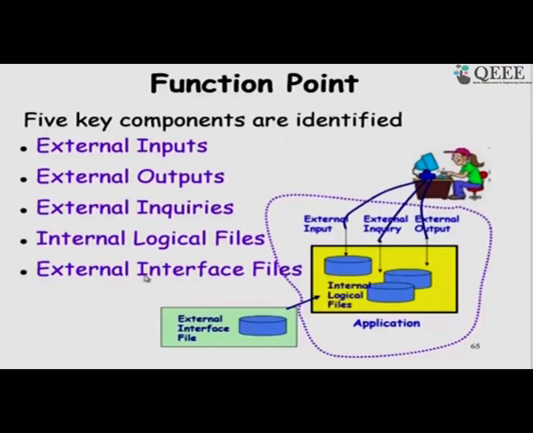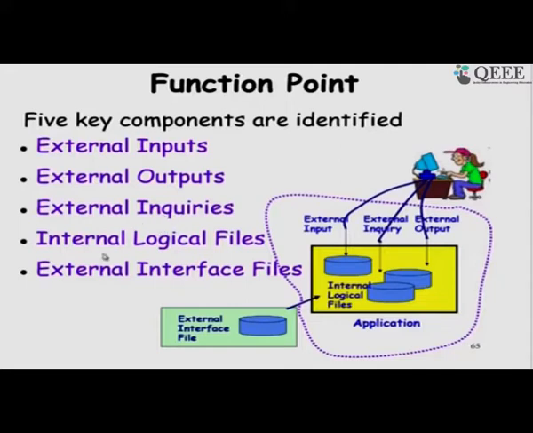So, these are the 5 parameters he considered: external inputs which modify internal data, external outputs that are produced, external inquiries, inquiries are ones which do not change the internal data, just return some result.